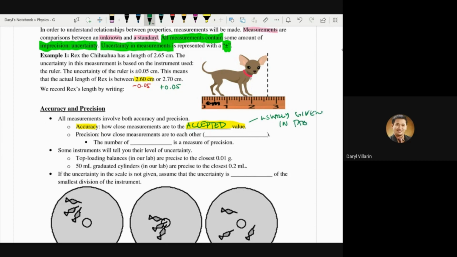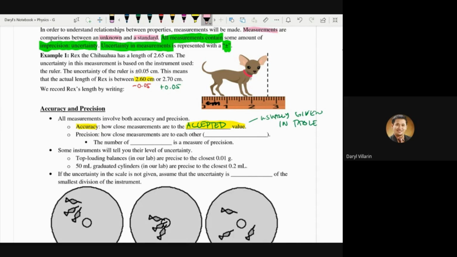Okay. So let's say, for example, here in Vancouver, we have a particular accepted value of acceleration due to gravity. Acceleration due to gravity essentially changes with location because it's also dependent on the altitude or the height of the location. Although we use around 9.8 as a standard value or the accepted value, okay?